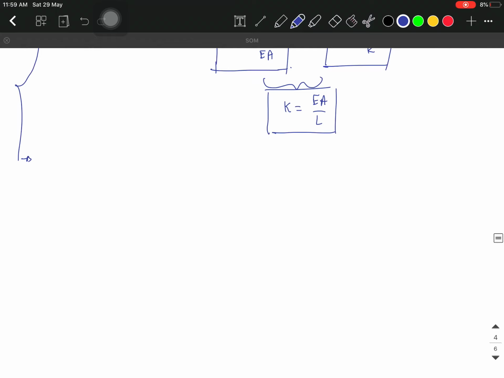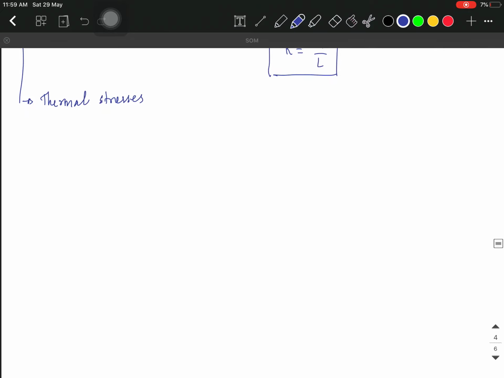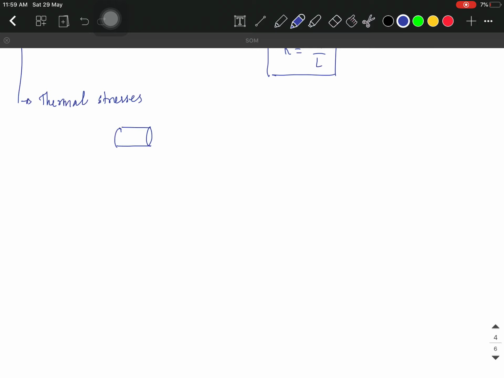Then we have dealt with the last concept of axial loading, the thermal stresses. These thermal stresses originate in a member only when it is subjected to a change in temperature.